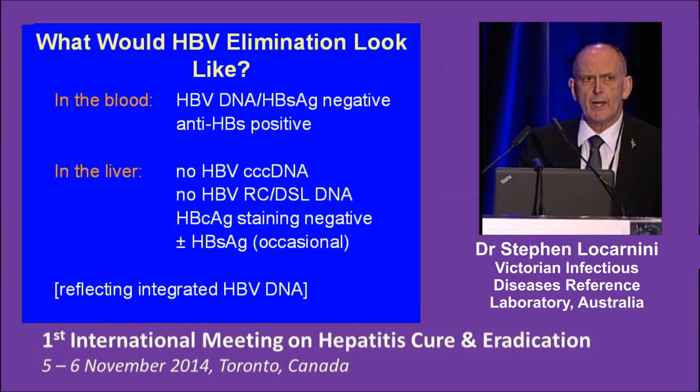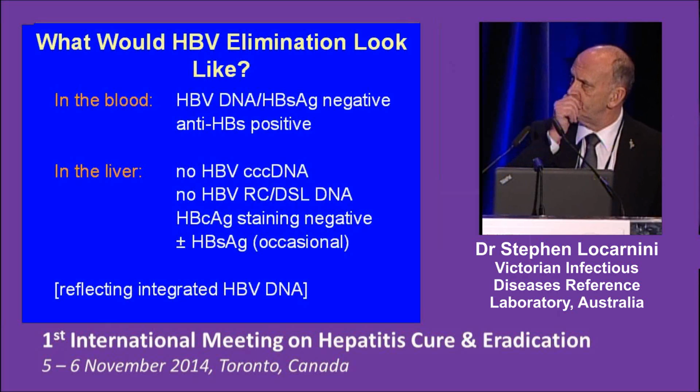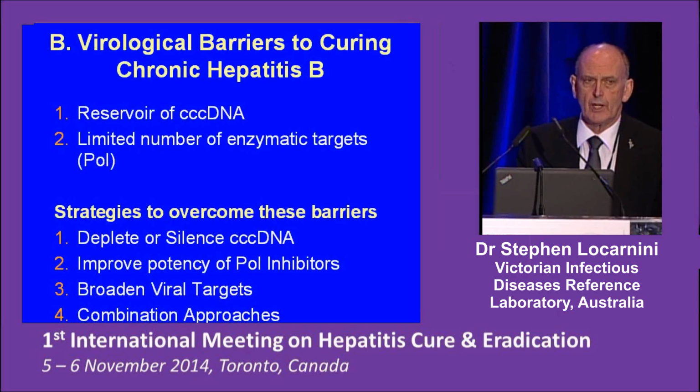I think an important marker immunohistochemically would be core antigen negative staining, either cytoplasmic or in the nucleus. But I would accept some occasional surface antigen positivity, because that would reflect translation and transcription from integrated HBV DNA sequences.